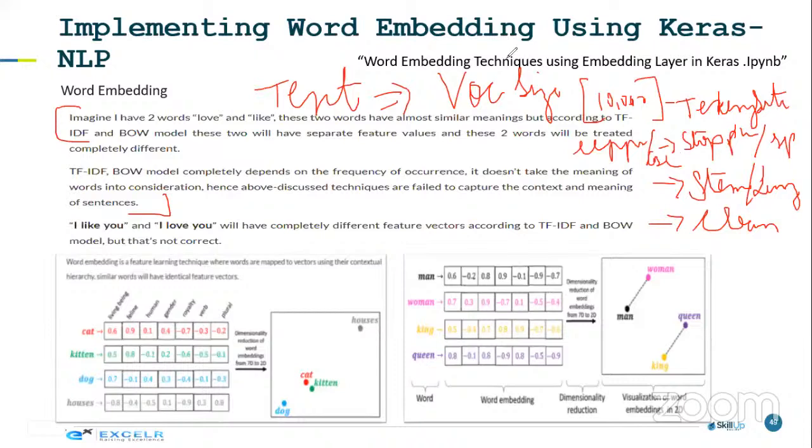Once I am able to clean everything, what will be the next step? Whatever the clean data frame is, I will be using word-to-vec techniques. And we have seen the challenges in the traditional techniques like TF-IDF, bag of words, skip-gram, CBOW, everything, right?